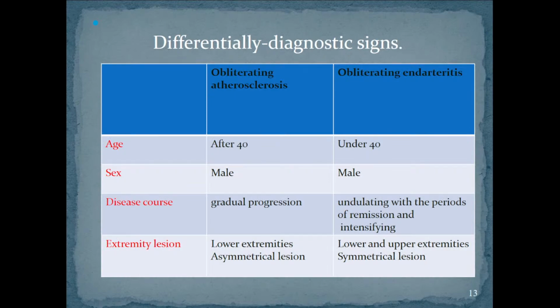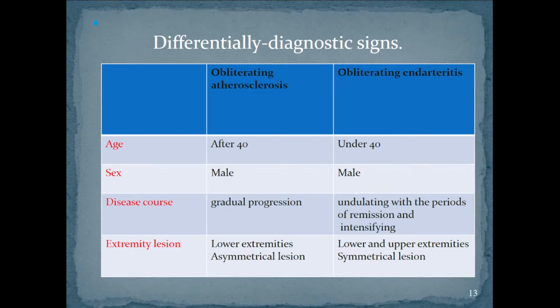Okay, the differentially diagnostic signs for obliterating atherosclerosis and obliterating endarteritis. So the age we discussed it. For obliterating atherosclerosis it is male and endarteritis as well, also male.